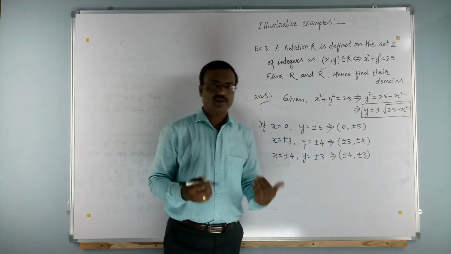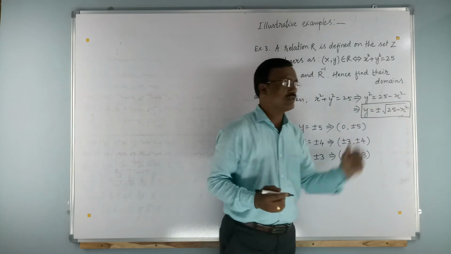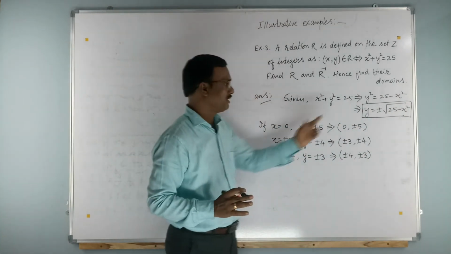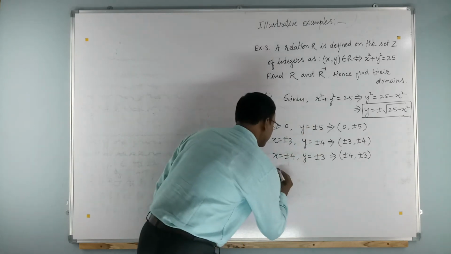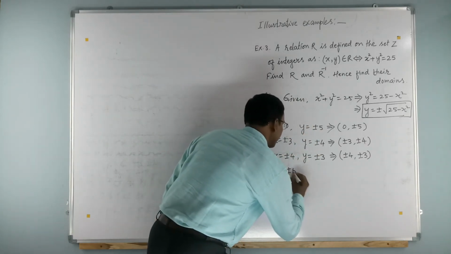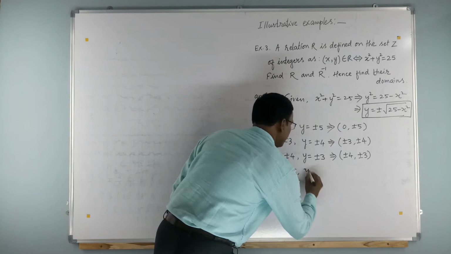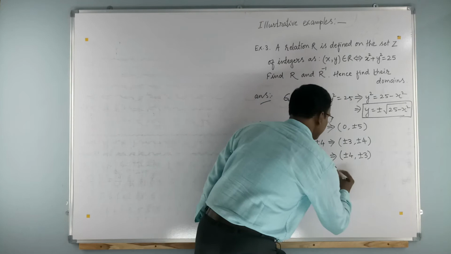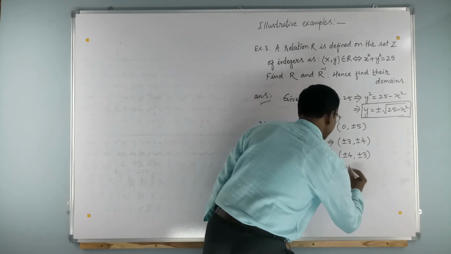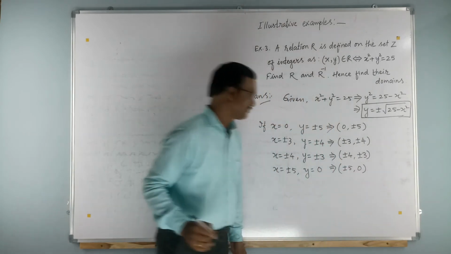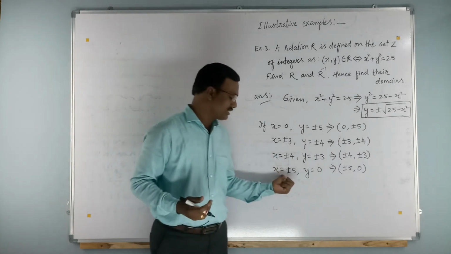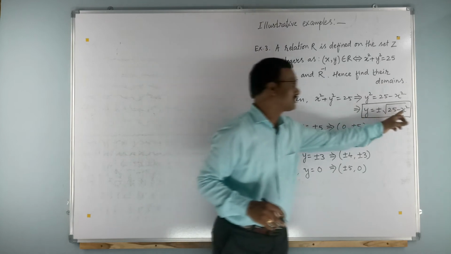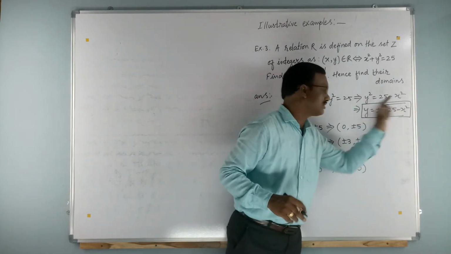Then for x equal to 5, 5 square is 25, 25 minus 25 is 0, so y will be 0. So x is equal to plus or minus 5, y will be 0 simply. So pair of elements are (plus or minus 5, 0). Now if we choose the value x equal to 6 onwards, 6 square is 36, so 25 minus 36.